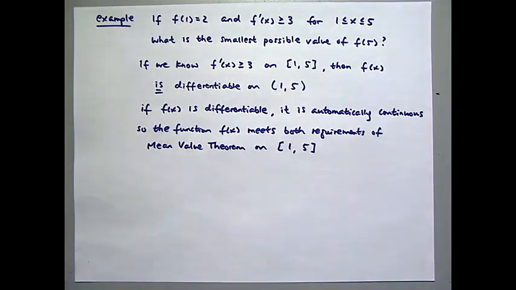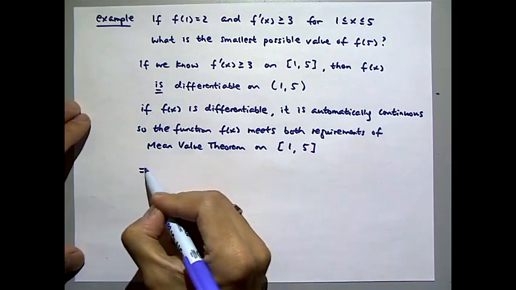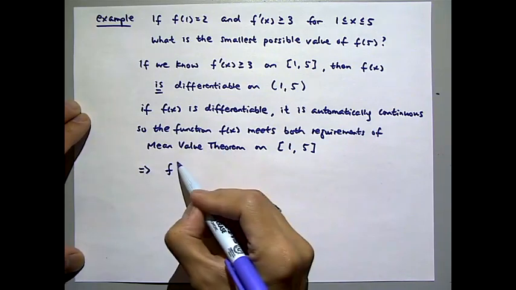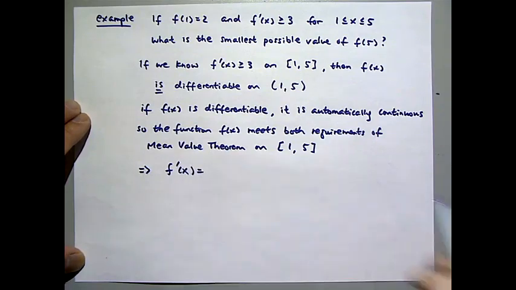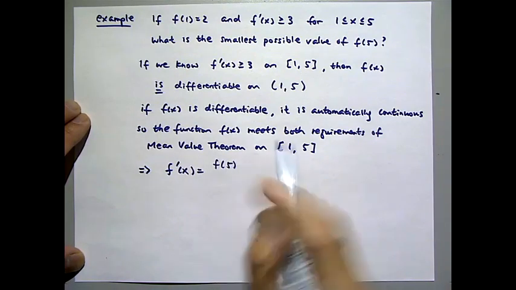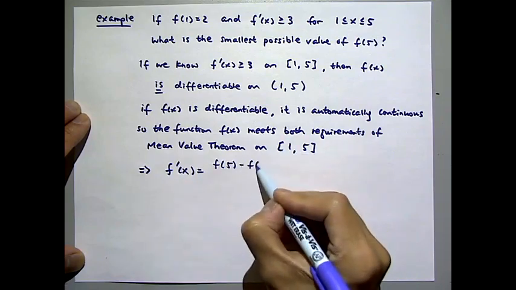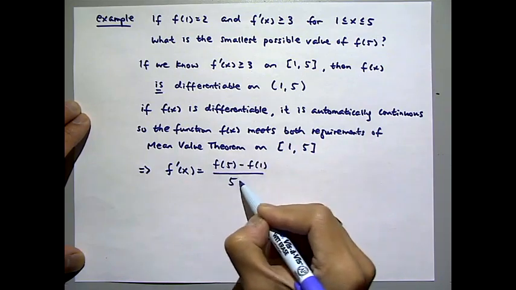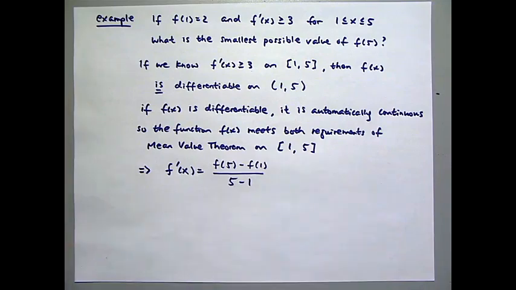We're guaranteed, because we're told in a different way that it is differentiable, that it is automatically continuous. If it's continuous and differentiable, both requirements are met. And the mean value theorem therefore guarantees that somewhere on that function, we can find a place where the tangent line slope is equal to the secant line slope.